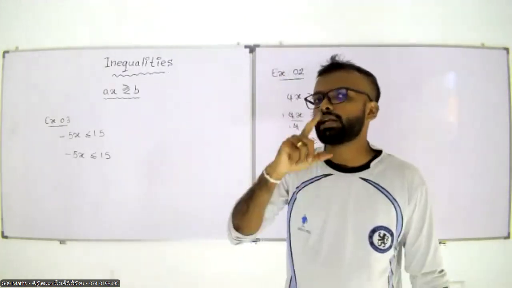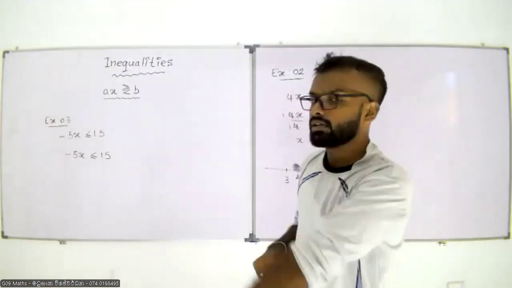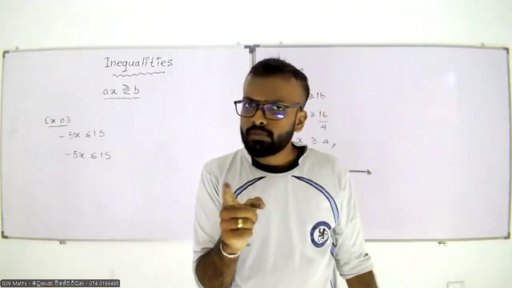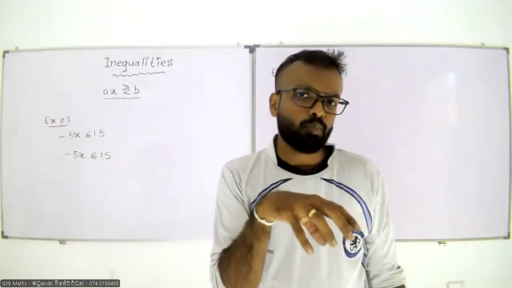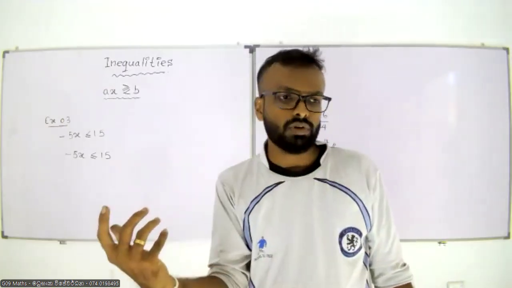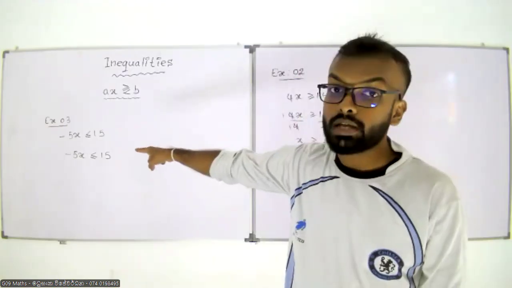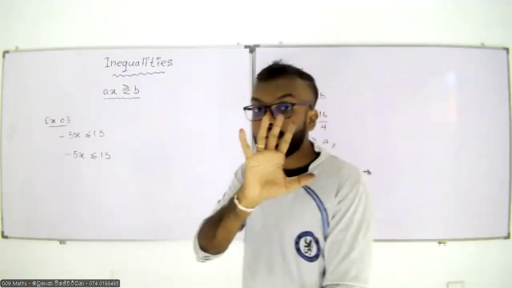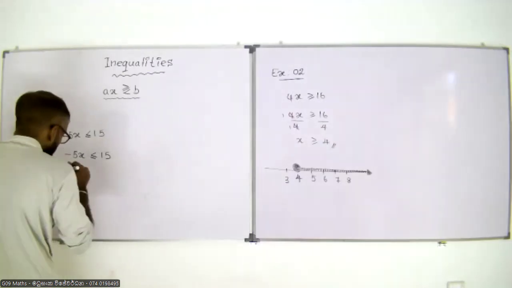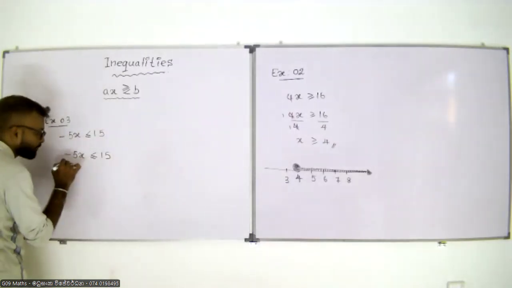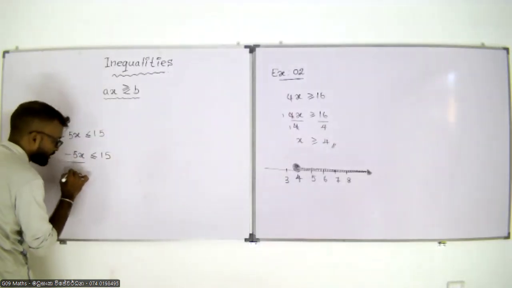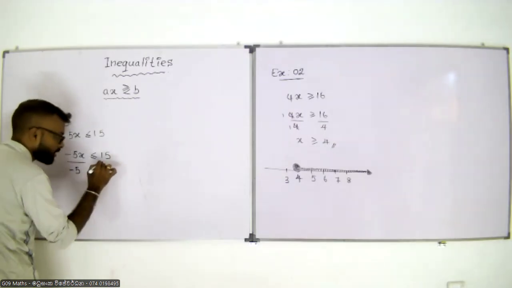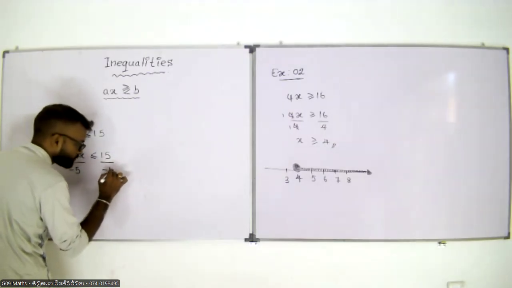In order to isolate x on my left hand side, I am going to divide both sides by a negative number, which is negative 5. In this step, I am going to divide this side by negative 5 and this side by negative 5.